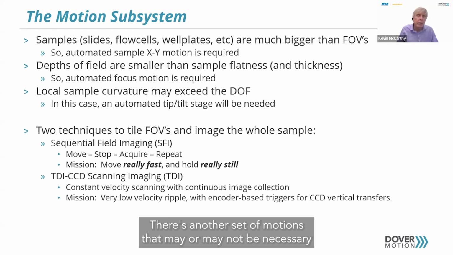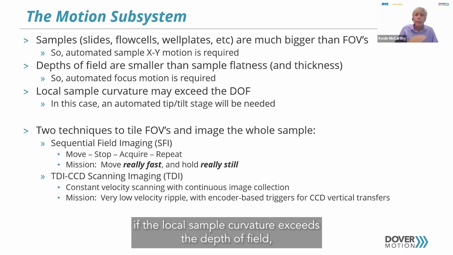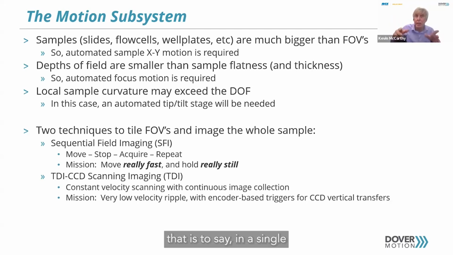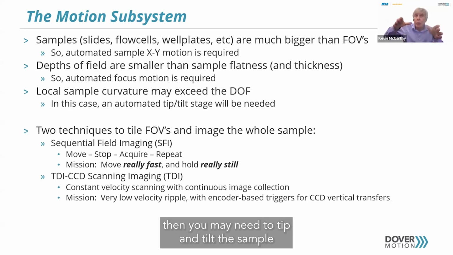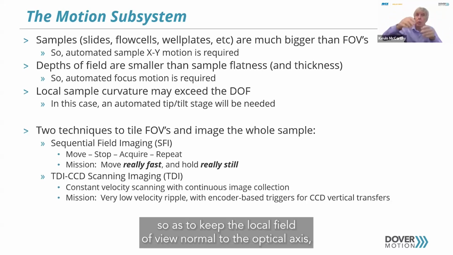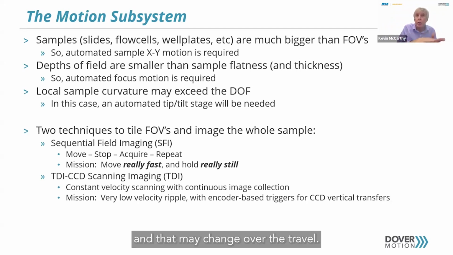There's another set of motions that may or may not be necessary. If the local sample curvature exceeds the depth of field, that is to say, in a single field, then you may need to tip and tilt the sample so as to keep the local field of view normal to the optical axis, and that may change over the travel.